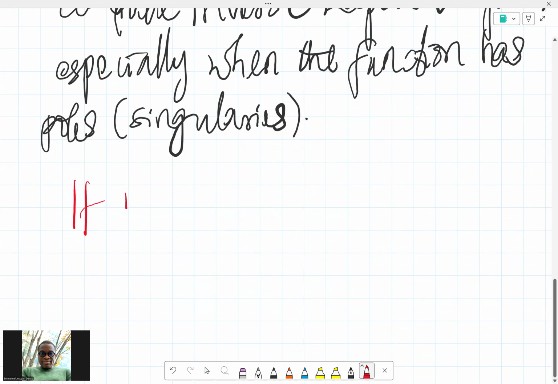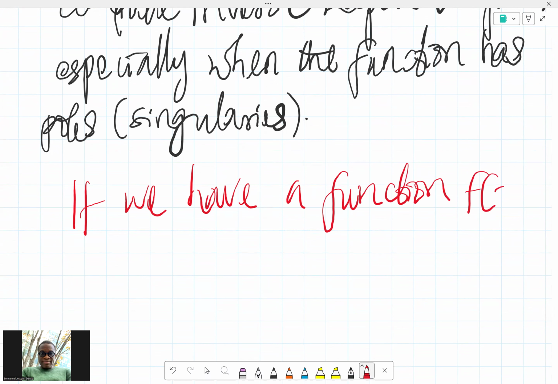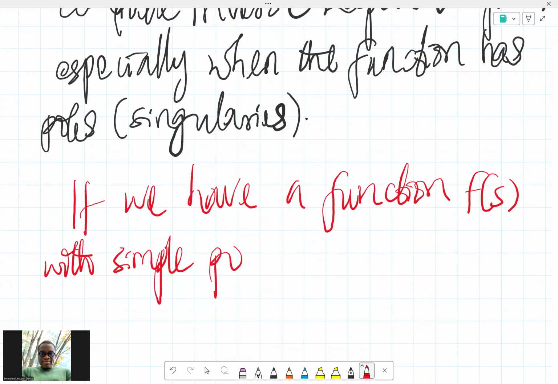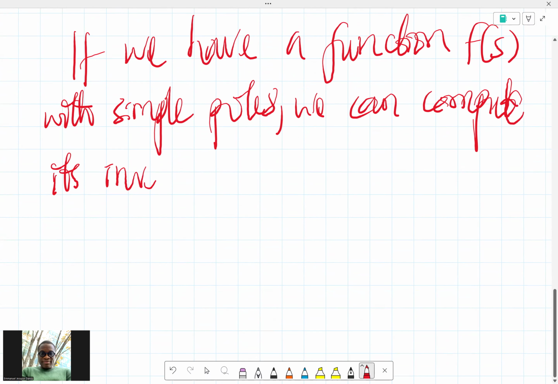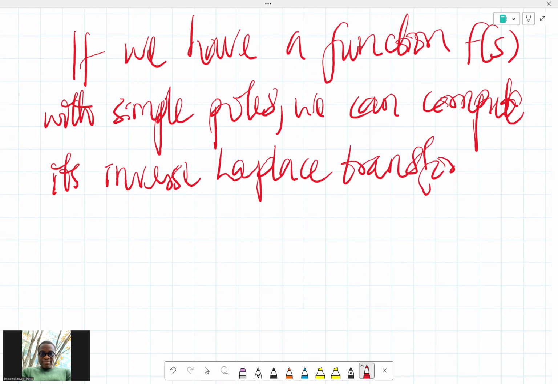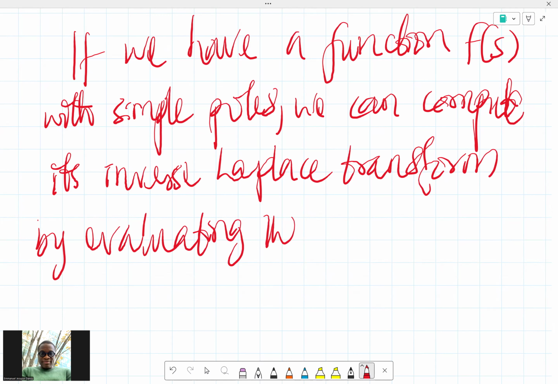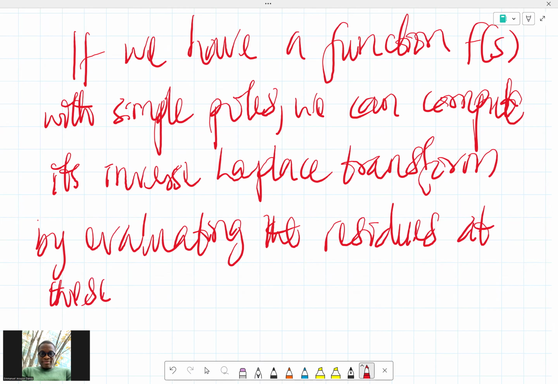Okay. So if we have a frequency domain function F of s with simple poles, we can compute its inverse Laplace transform by evaluating the residues at these poles and applying the residue theorem.